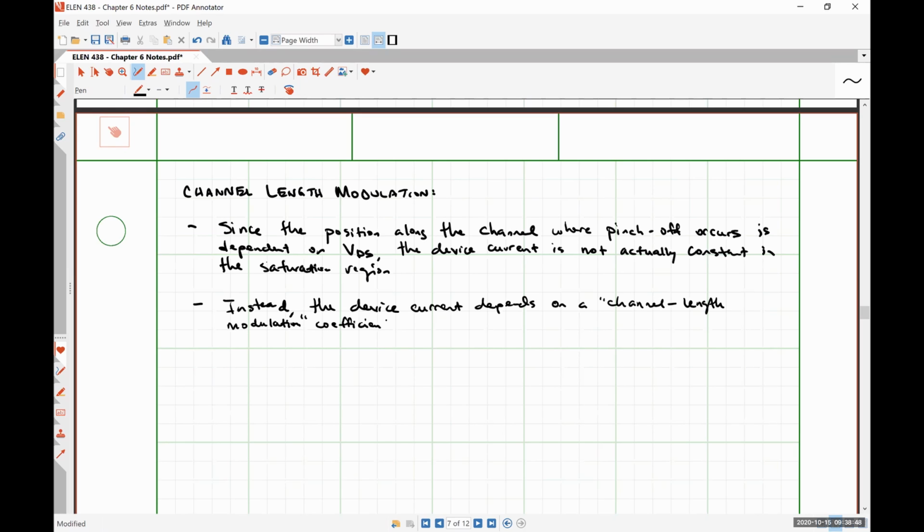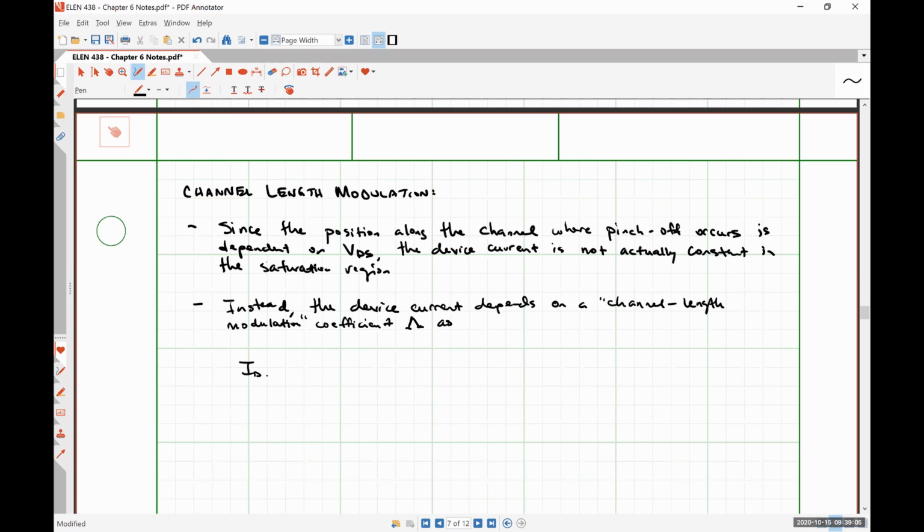A lot of textbooks use lambda, but we've been using lambda as our scale factor, so that would be too confusing. So we'll use uppercase Lambda as this.